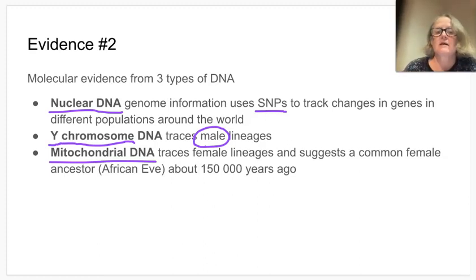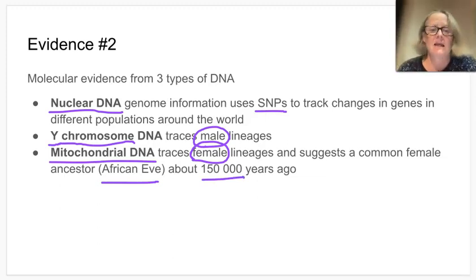This gives us details about the female line of inheritance. So this suggests, if we look at mitochondrial DNA, that there is a common female ancestor of all people, an African Eve, like the first woman, about 150,000 years ago. Or at least some scientists say that that is true.